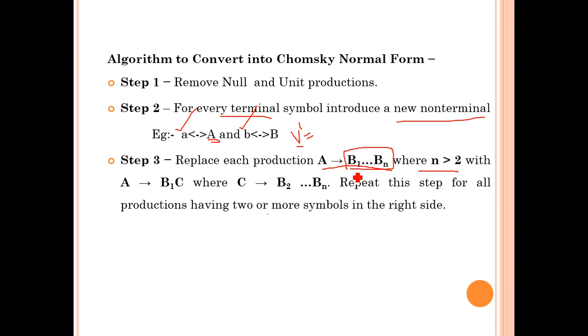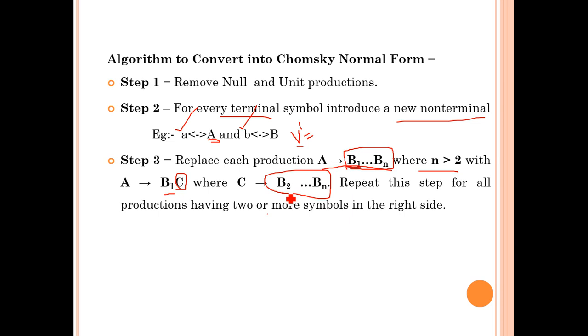So if the length is more than 2, then only you can perform this step. You can keep B1 same as it is and introduce a new non-terminal C. Now this C will be replaced with B2 to Bn, and so on. Repeat this step for all the productions, and the productions must be replaced with 2 length.